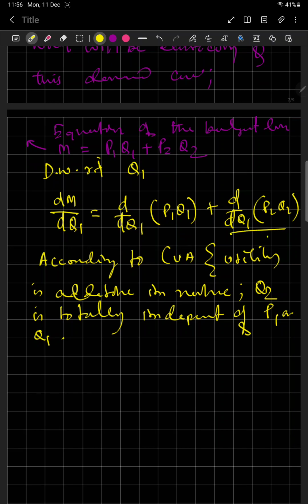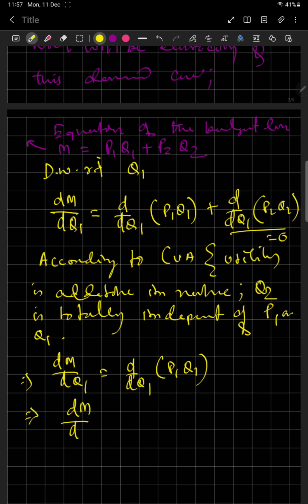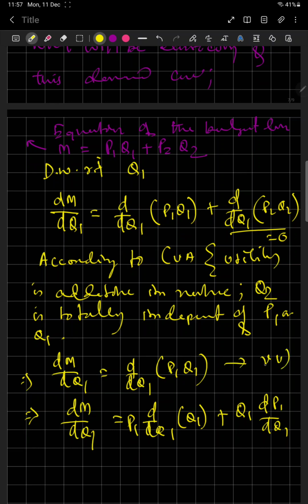So this part will be equal to 0. Now I'll end up with d by dq1 of P1 Q1. So we'll get dM by dq1 equals d by dq1 of P1 into P1 plus Q1 into dP1 by dQ1. The total derivative I am doing using the uv law, d by dx of uv.